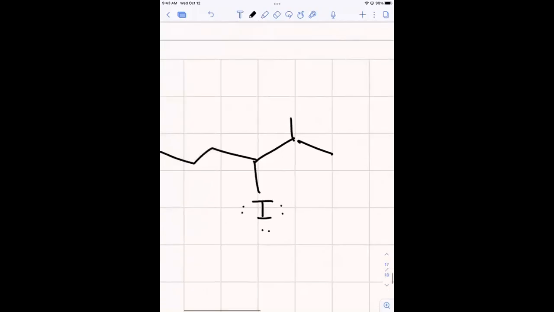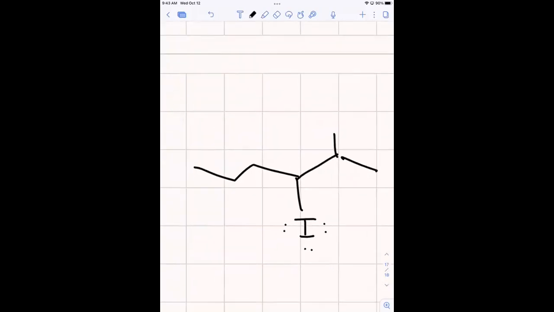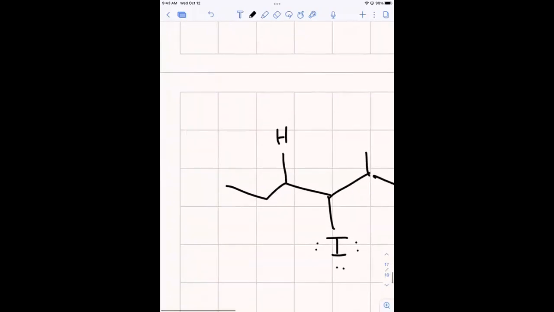Exactly, you're exactly right. There's no intermediate. What I'm asking about is, let's just do this side, the transition state. So let's say the base is here. I'm going to erase these bonds right here and put dotted lines in.